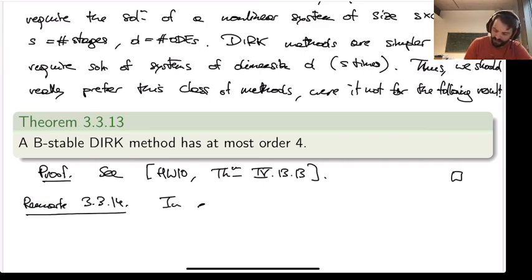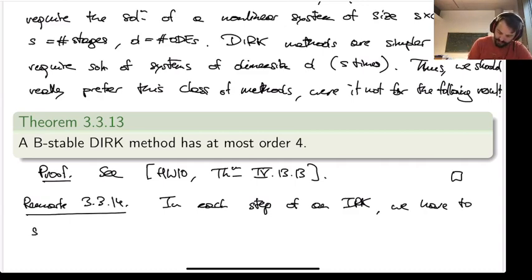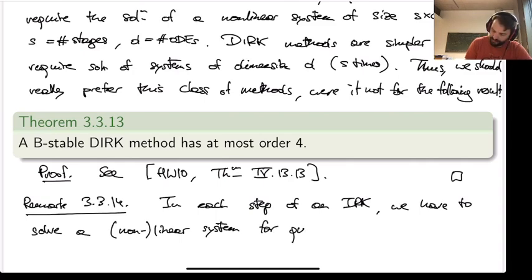In each step of an implicit Runge-Kutta method we have to solve a linear or nonlinear system, even in the linear case this is a problem, for the stage values, for the quantities g_i.